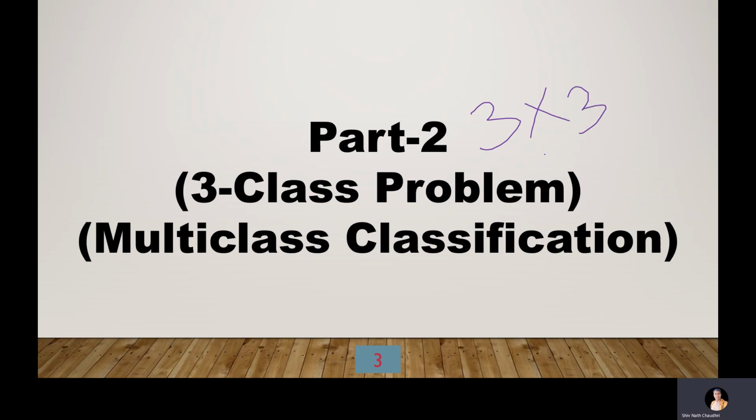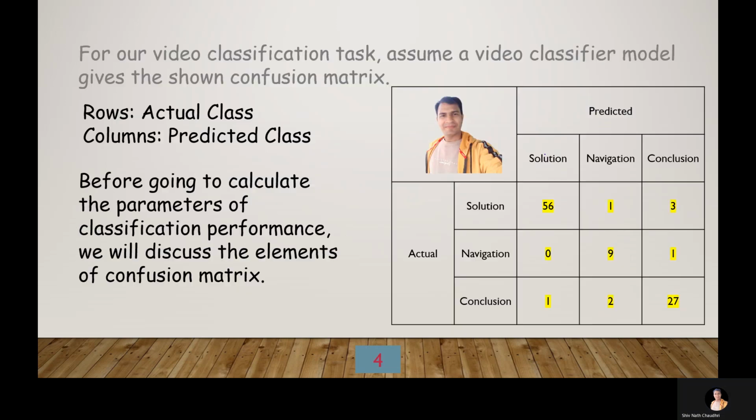A 3x3 confusion matrix is used to assess the performance of the multi-class classification task having 3 classes only. But we will discuss generically so that the multi-class problems having more than 3 classes can also be understood. For our video classification task, assume a video classifier model gives the shown confusion matrix.